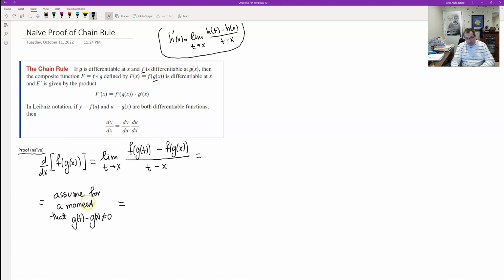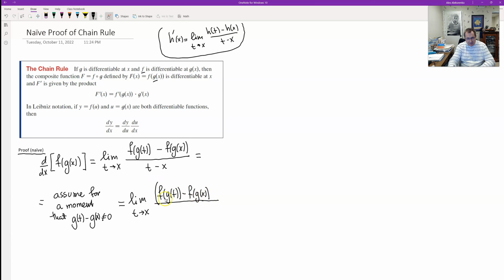So very well, we will assume for a moment that this difference is not zero, and we will multiply and divide our fraction by that difference. So we will start with f of g of t minus f of g of x.